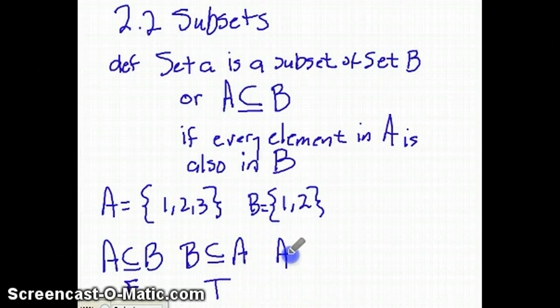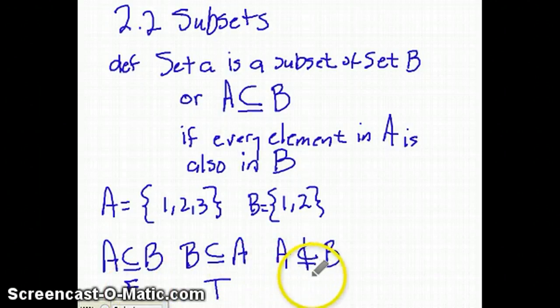All right, what about this? I want to know if this is a true statement or not. Is that a true statement, true or false? Well, how would I say that? I would say that A is not a subset of B. All right. Now we know from over here, A can't be a subset of B because we said it was false.